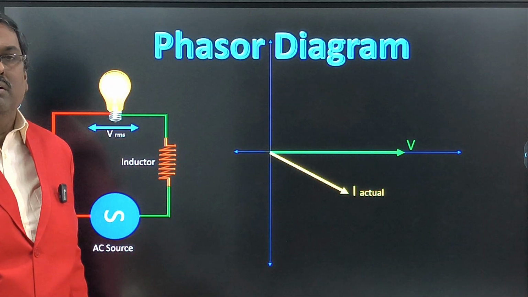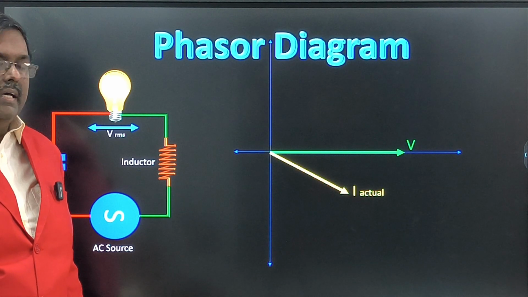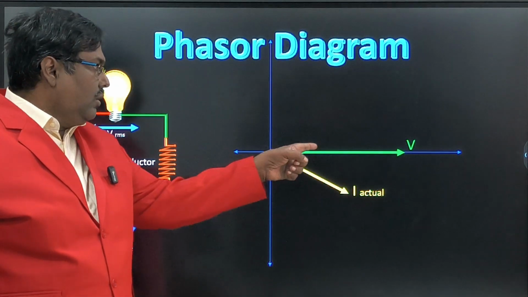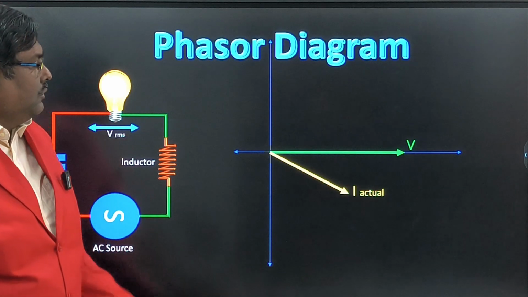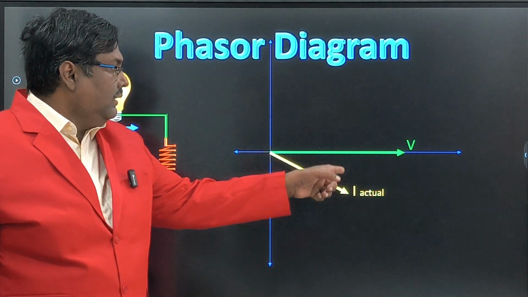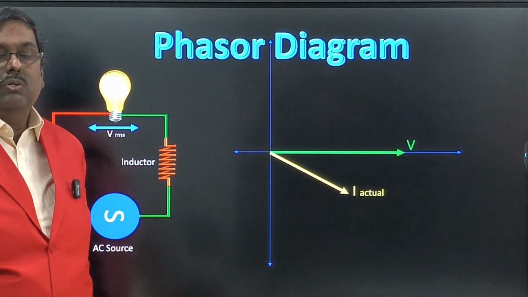A slope always has one vertical and one horizontal component. That's why it becomes a slope. If the vertical is not there, the line will become horizontal. If the horizontal is not there, the line will become vertical. Both components are there, that is why the line is in a slant position. So what I am going to do is measure this vertical height, and I am going to measure this horizontal length. So we have two powers now.